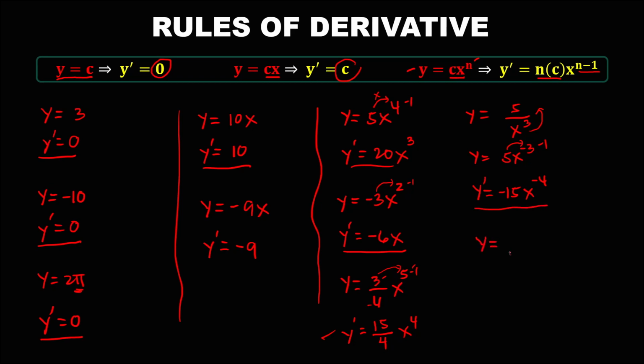Then for this, y equals 7 over 5, then x to the power 3. To find the derivative, again, multiply this number to this exponent, just multiply this number to the numerator. So 7 times 3, this one is 21. Then copy the denominator 5. Then x with the exponent minus 1.